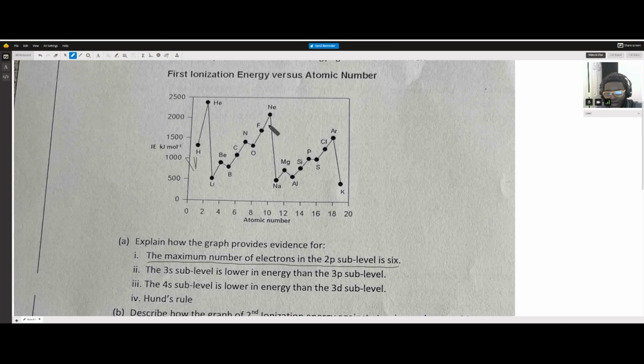Now we go up to sodium, and sodium has an extremely low ionization energy. It's after the sixth element. We know that we've gone up 3 electrons, and if we remove this, the difference is so stark that we can tell that at this endpoint it is really preferable to remove an electron.